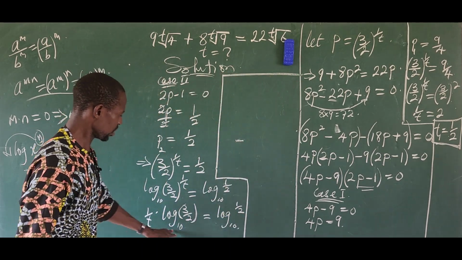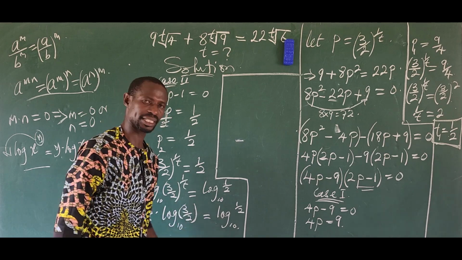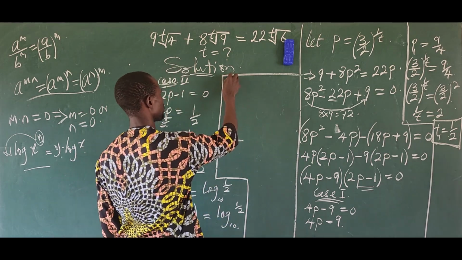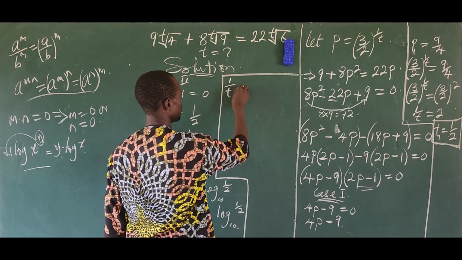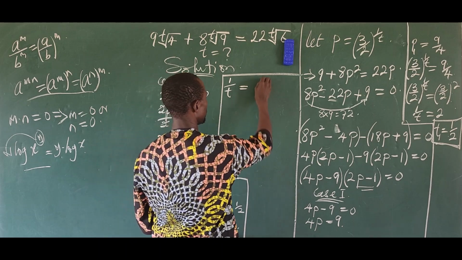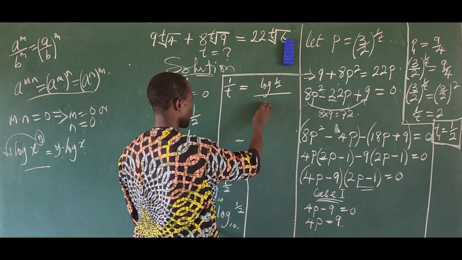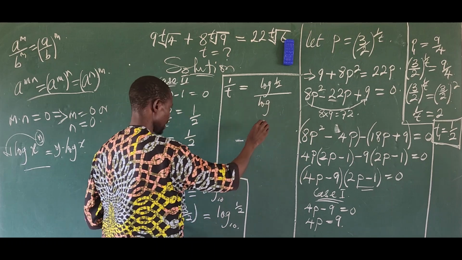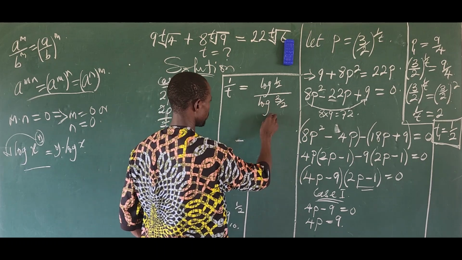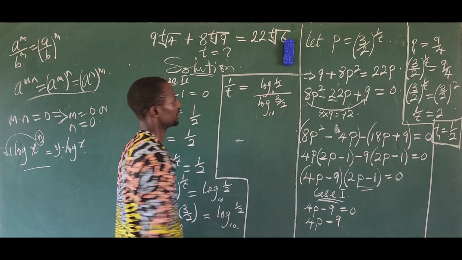Let's continue and see what this gives us. We divide by log of 3 over 2, base 10. This gives us 1 over t equal to log of 1 over 2, all over log of 3 over 2, base 10.